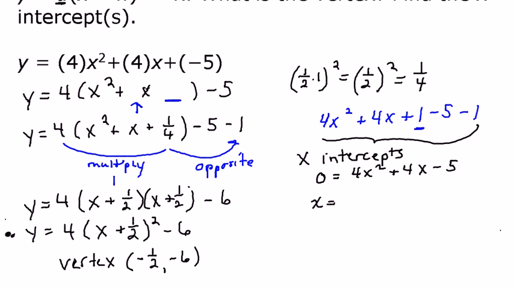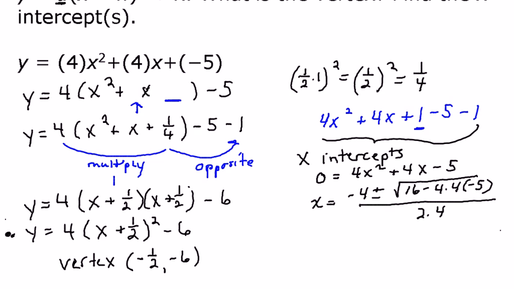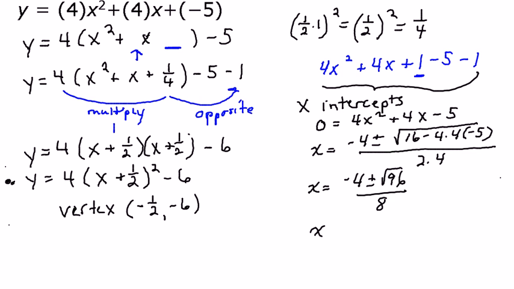So x is equal to negative b plus or minus the square root of b squared, so that will be 16, minus 4 times a times c, all over 2a. Okay, so that will be the square root of 96 then. 96 is 6 times 16, and the square root of the 16 is a 4.